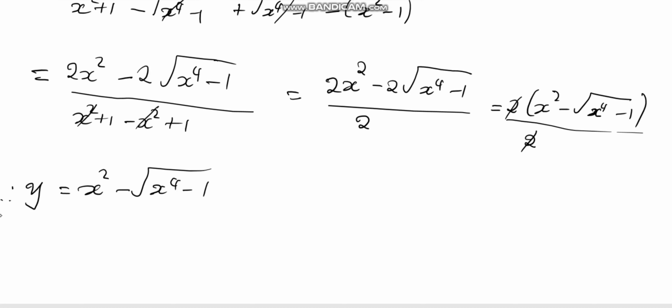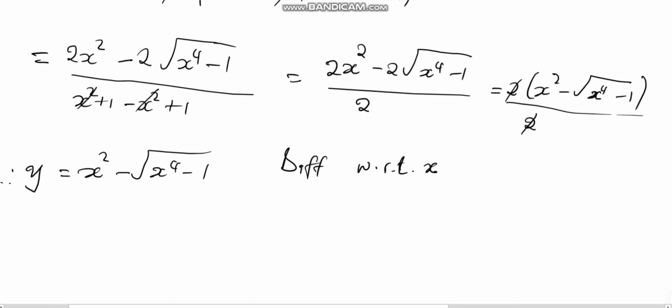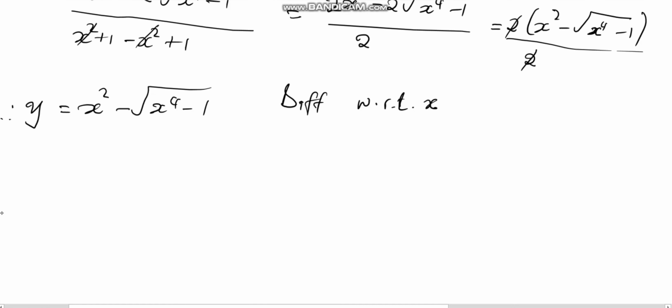So we say differentiating throughout with respect to x. So our dy dx is simply going to be equal to, we differentiate this whole expression that we have with respect to x.